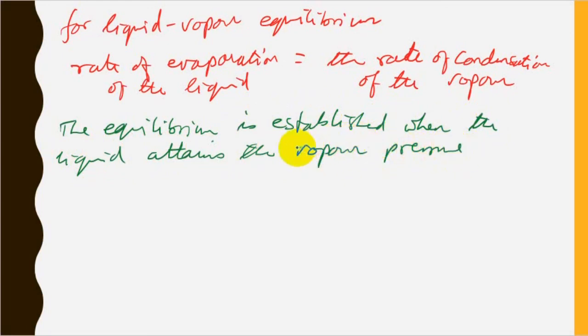Vapor pressure of a liquid is constant. Okay, so if it is at its vapor pressure, then at that vapor pressure, this equilibrium can be established.